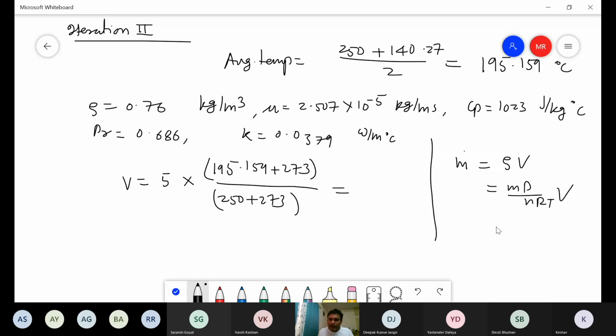So from ideal gas, mp by nRT1 times v1 should be mp by nRT2 times v2. So this is volume, and based on this, V1 by T1 should be the same as V2 by T2.